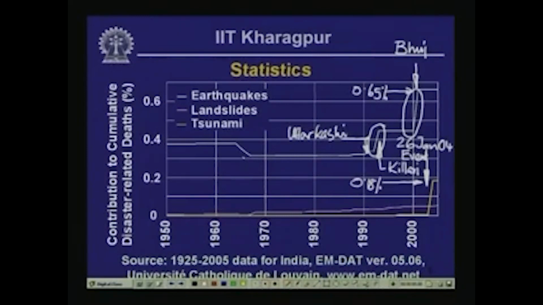And you can see that around 1965 there was a decrease of the relative contribution of earthquakes in the total disaster related deaths, and this was the famine of 1965.